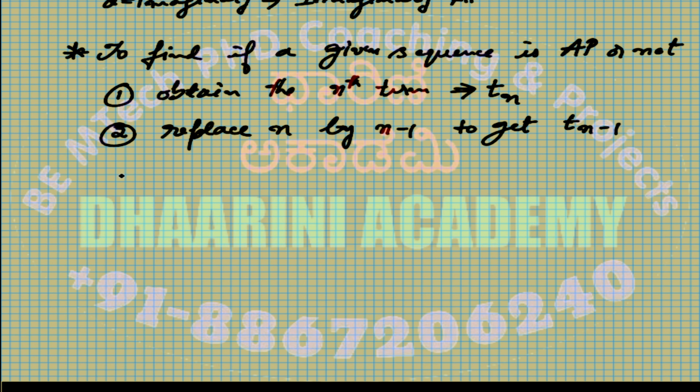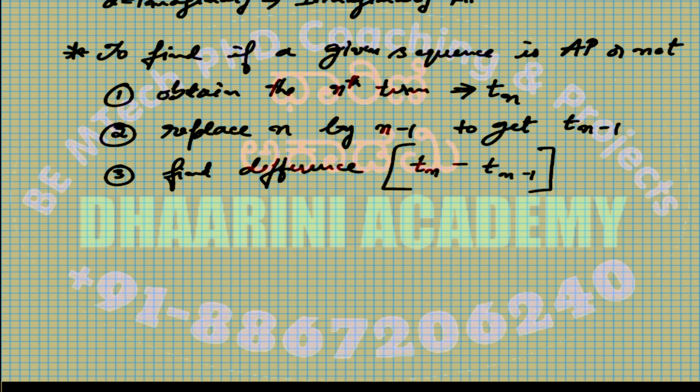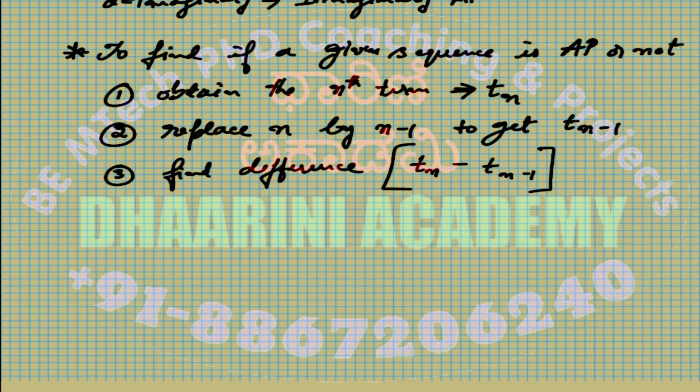And step number 3 is to find the difference, that is Tn minus Tn minus 1. Take this difference, calculate it and keep it ready. Once I have this difference with me, I can decide whether the given sequence is an AP or not.